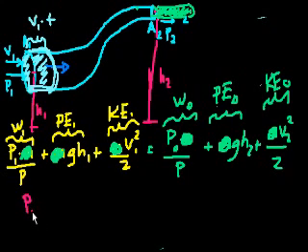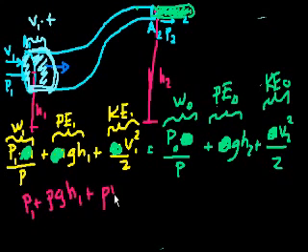P, the input pressure, plus, since we're multiplying everything by this rho, this density, we have rho g h1, the input height, the initial height, plus rho v squared over 2.